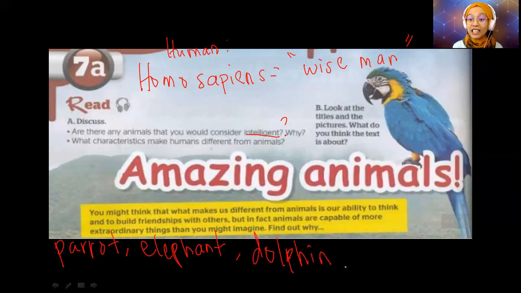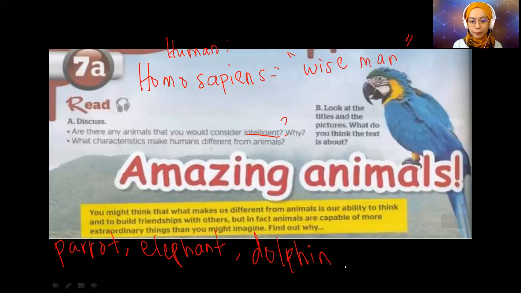I've mentioned parrot, probably because they could imitate humans, vowels, vocabs, those kinds of things. The elephant has a sense of danger around them.